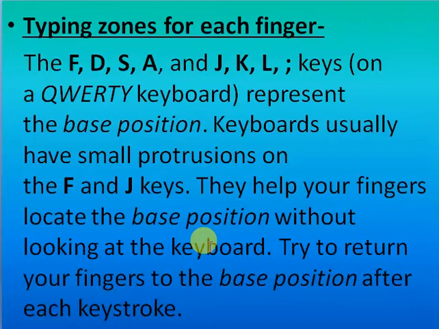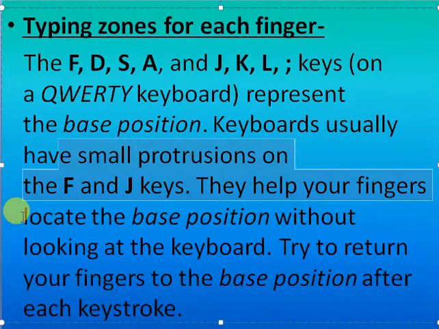It means you have to keep your fingers on these positions so that you can learn touch typing and master these home keys of the keyboard. After you are done with all the keys of the home row, try to come back to the base position after each keystroke. This is the first one, typing zone for each finger.